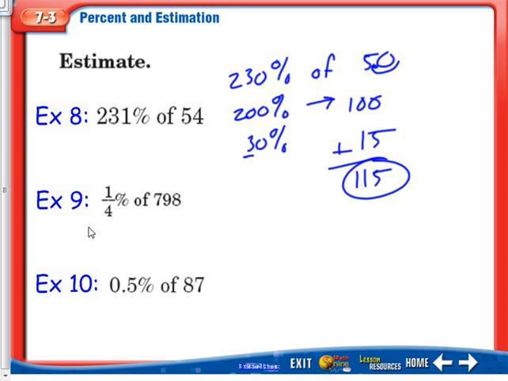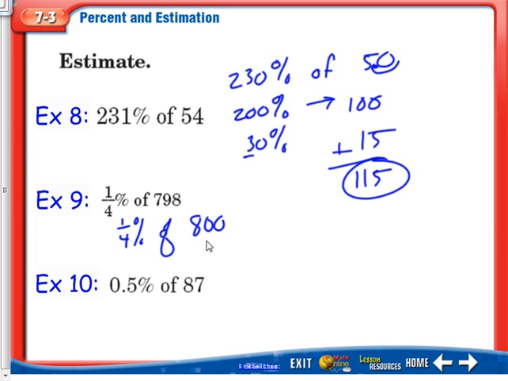Alright, for this one, this is less than 1%. So 1/4 of a percent of 800. Now, I don't want you to actually round this to 1%. I want you to leave it as 1/4 of a percent. But what we're going to do is find 1%. Now, whenever you find 10%, you're going to move the decimal one spot to the left.